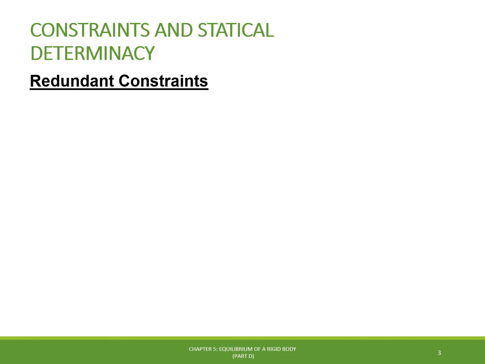Let's start with the over-constrained cases, in which a body has redundant supports, that is, more supports than are necessary to hold it in equilibrium. In this case, the body becomes statically indeterminate, and this means that there will be more unknown loadings on the body than equations of equilibrium available for their solution.